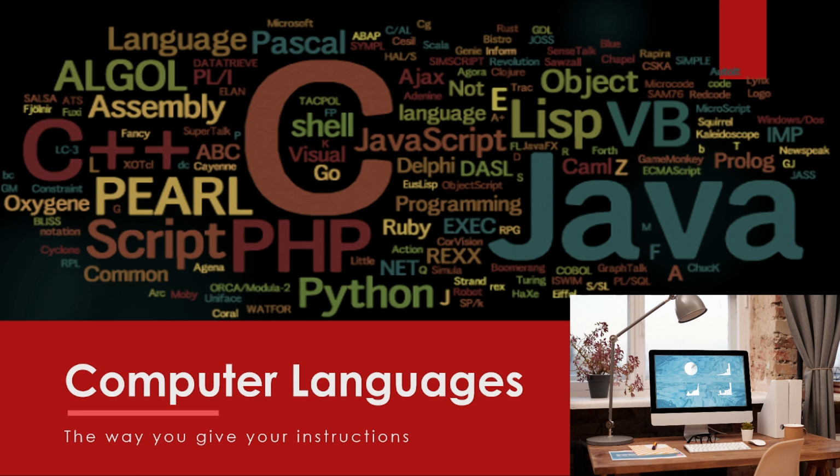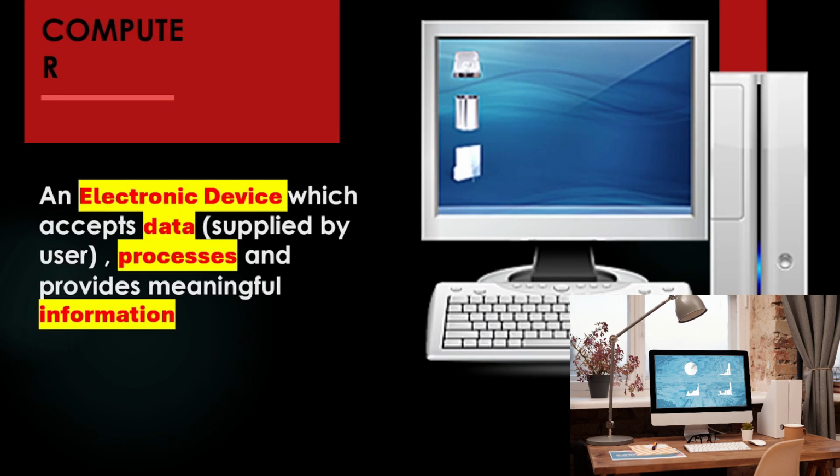Likewise, a computer is a machine, an electronic device. It is not mechanical, it is electronic, and it functions based on zeros and ones. It understands 1 and 0. 1 stands for on and 0 is off.